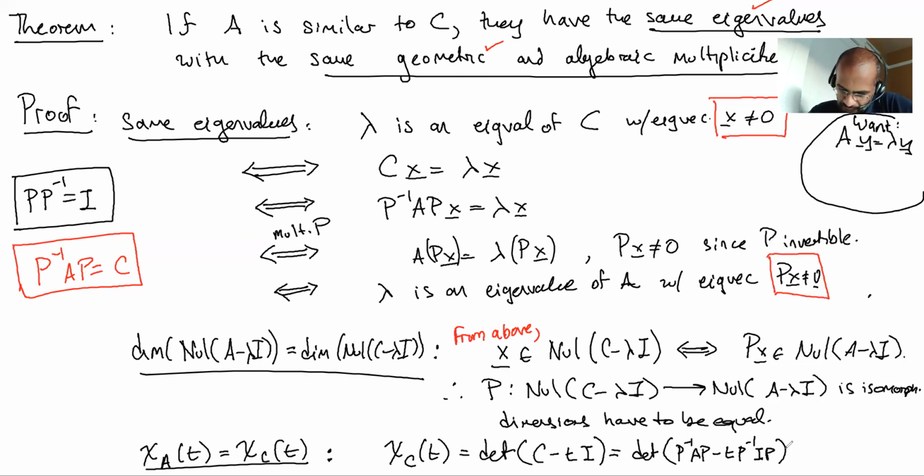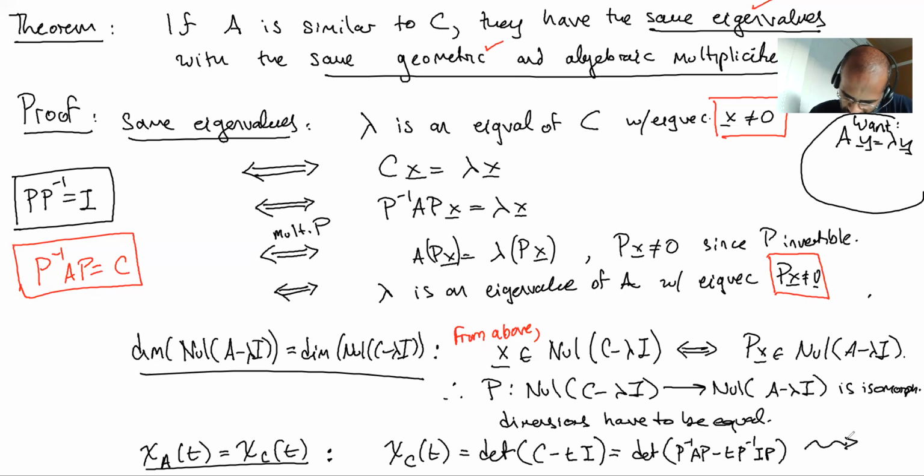Why put P inverse and P around the identity? It's kind of a sneaky trick. It looks like there shouldn't be any purpose, but you'll see in a moment. Let's continue on the next page.